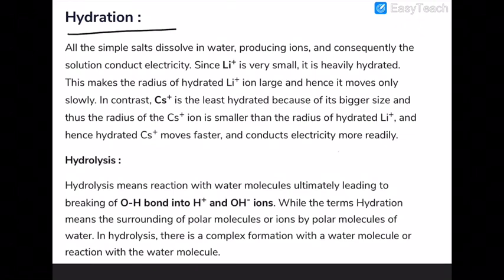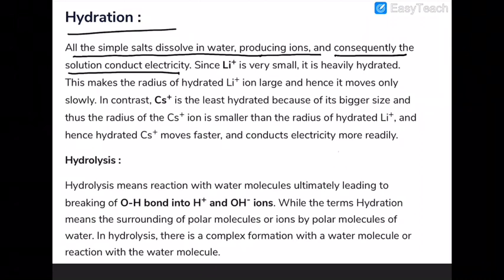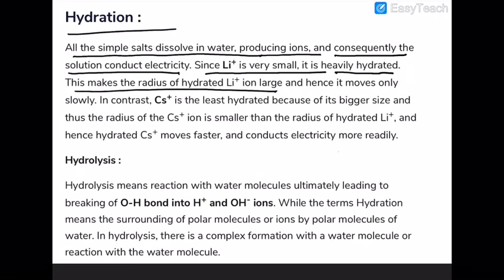Hydration means all the simple salts dissolve in water producing ions, and consequently the solution conducts electricity. Since Li+ is very small, it is heavily hydrated. This makes the radius of the hydrated Li+ ion large and hence it moves very slowly.